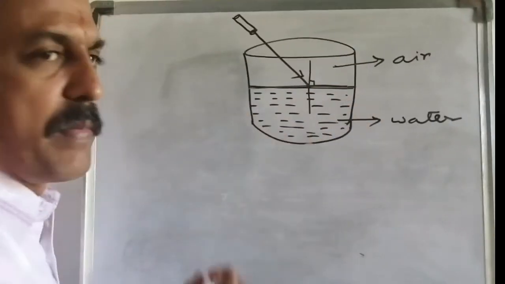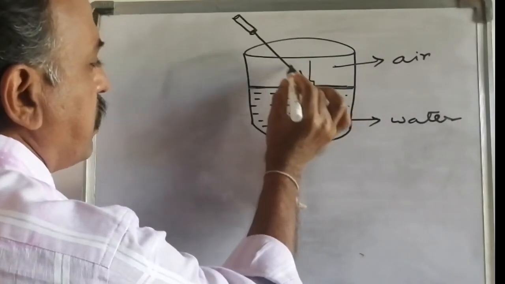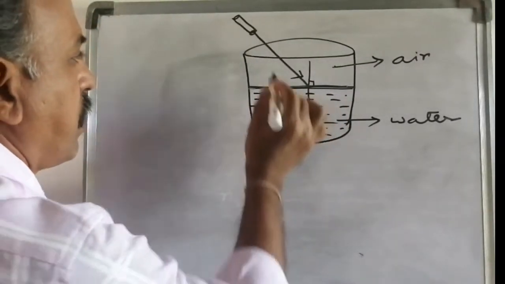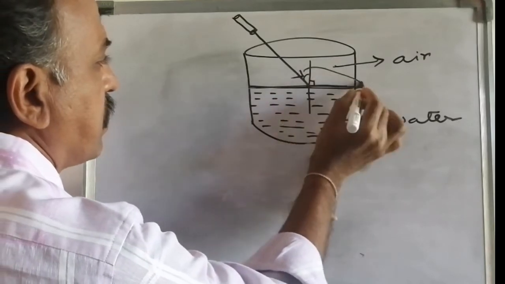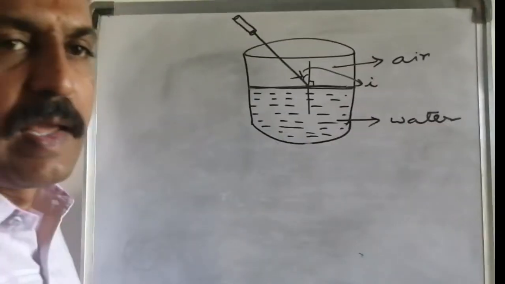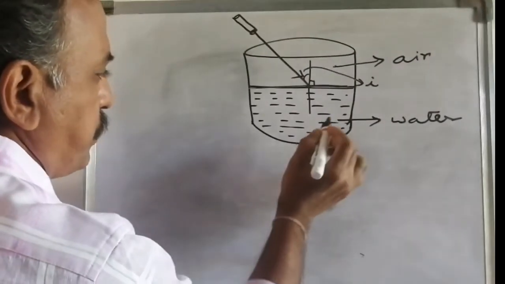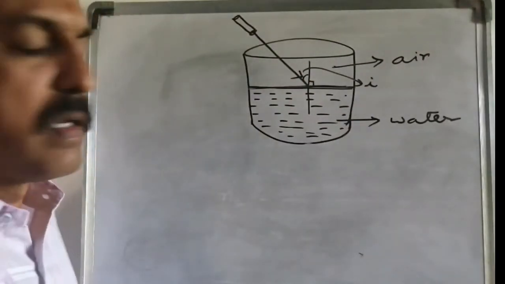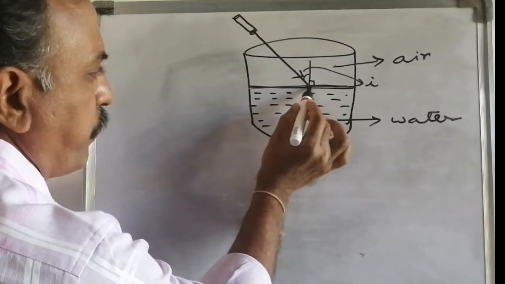What is the angle formed here? 90 degrees. The angle between the incident ray and the normal is angle i, that is the angle of incidence. Now the light passes through the water.